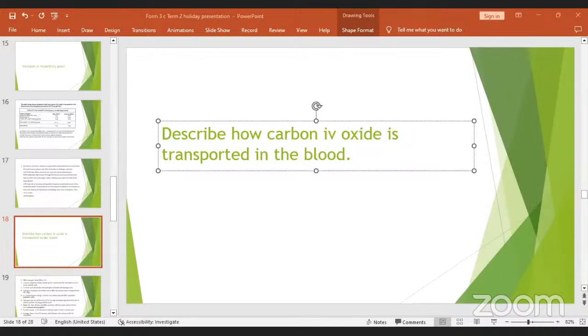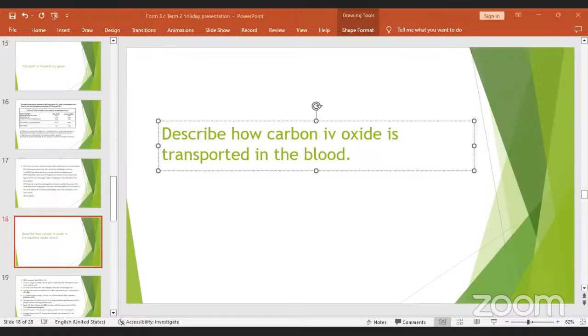Hands in the air. No hands. Michael Gitonga. In the form of hydrogen carbonate ions. That's the first one. Hydrogen carbonate ions. Another one.